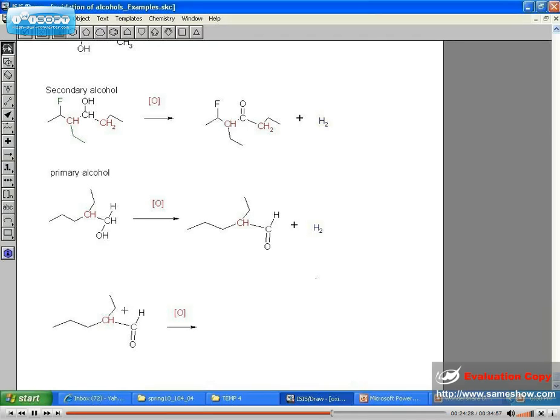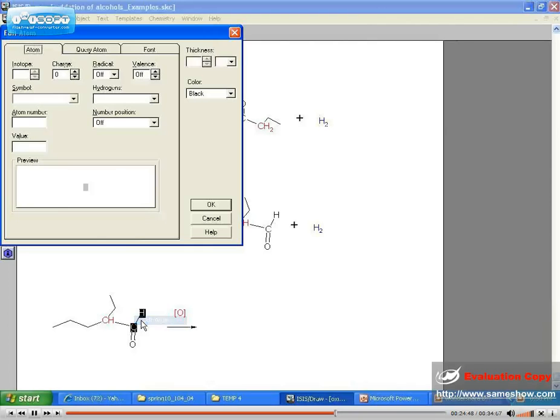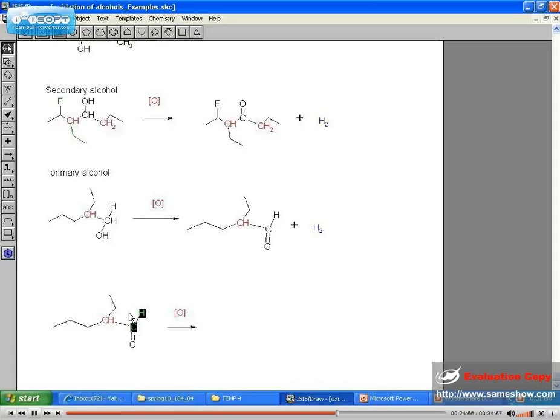And I'm going to do one more oxidation reaction. The aldehydes will always form an acid. This is a really weird product. So basically what we're going to do is we're going to stick an oxygen between this carbon and this hydrogen right here, and I'll highlight this in magenta.